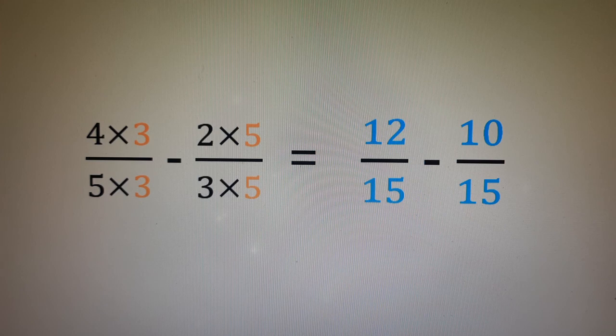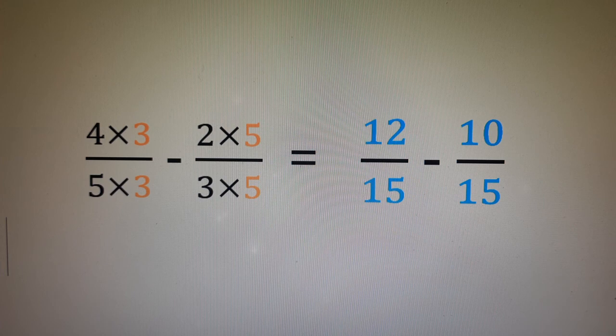Then we get 4 into 3, 12, 5 into 3, 15. 12 over 15 minus 2 into 5, 10, 3 into 5, 15, 10 over 15. 12 over 15 minus 10 over 15.